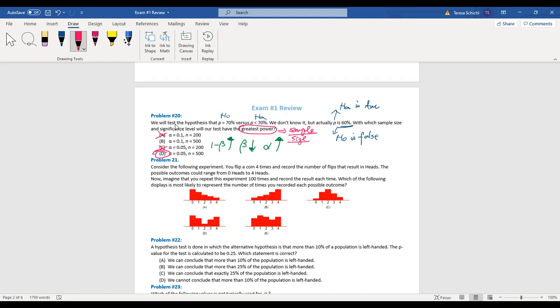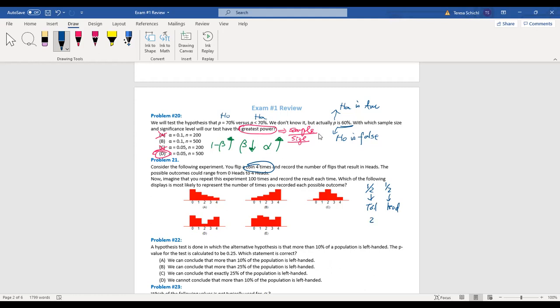So we know we have a half and half chance to get a tail and to get a head, right? So if you flip the coin 4 times, if it's half and half, most likely you will get 2.